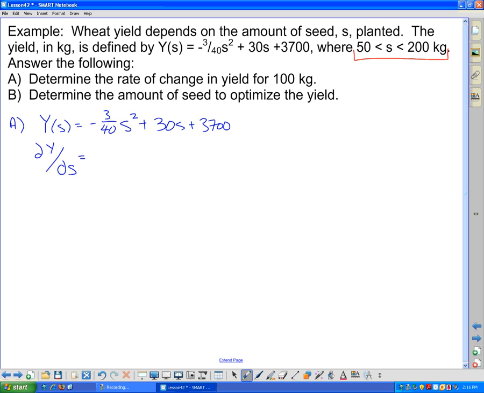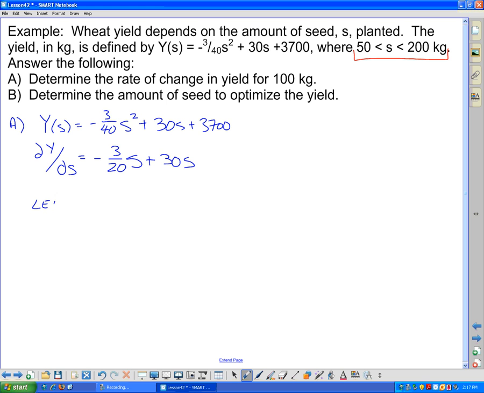All right, so taking the derivative, we end up with negative 3 over 20, so it'd be 6 over 40, which reduces to negative 3 over 20 S plus 30. And the question's asking us to evaluate at 100 kilograms.